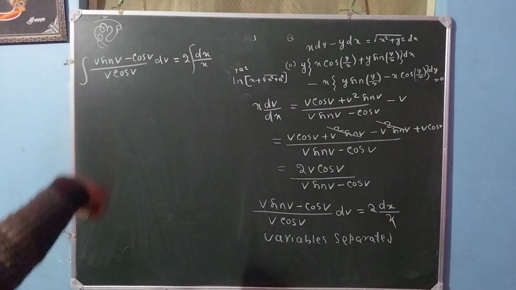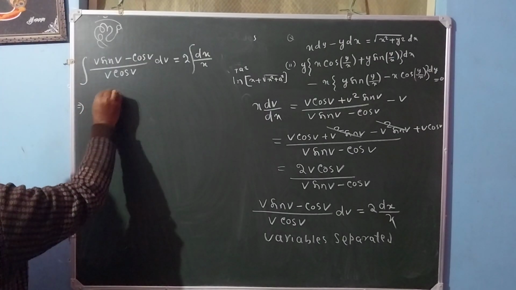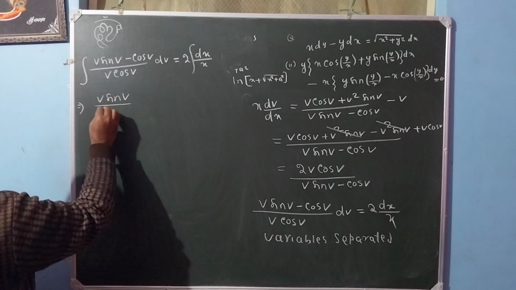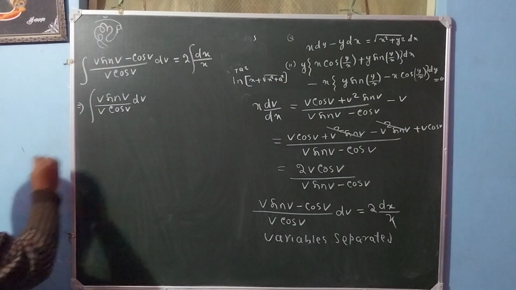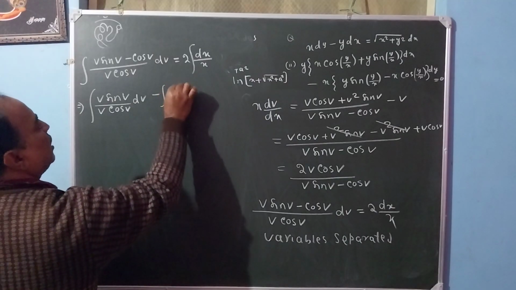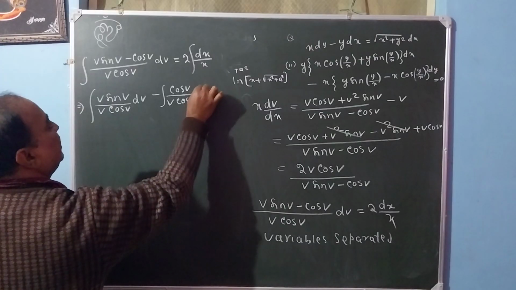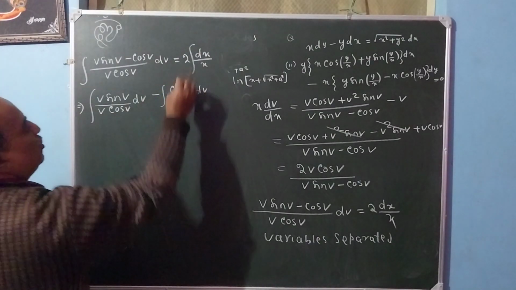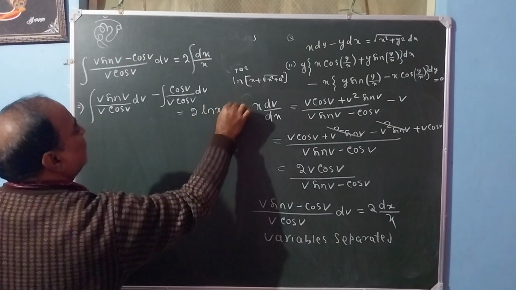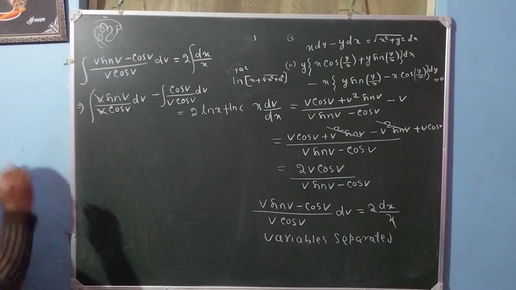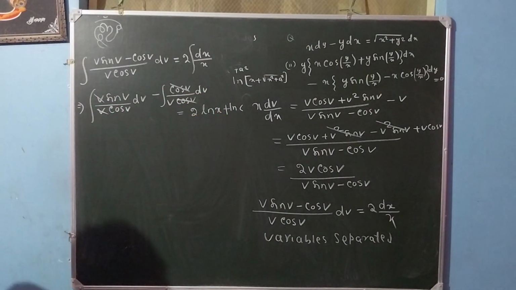Splitting this by this, we get v sin v divided by v cos v dv as one integration, minus cos v divided by v cos v dv as another integration. And the integral of 2 dx by x is 2 ln x plus ln c. So v cancels, and here cos v cancels; sin v by cos v is tan v.